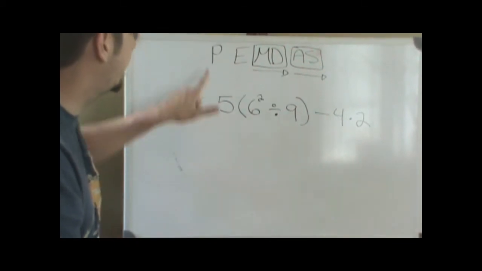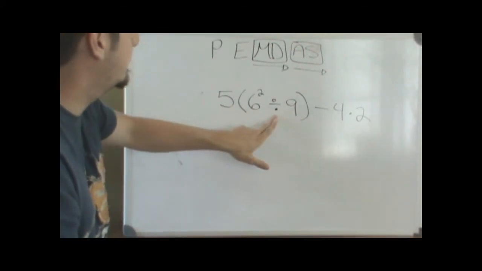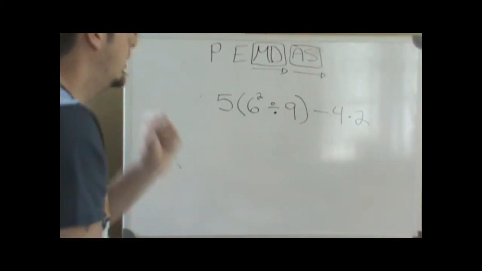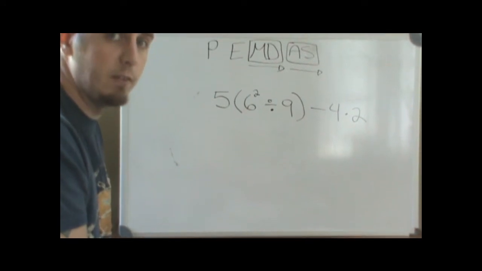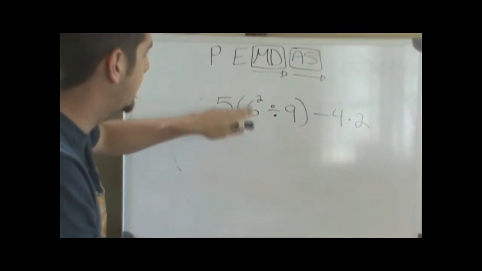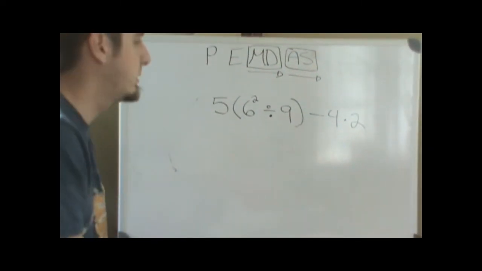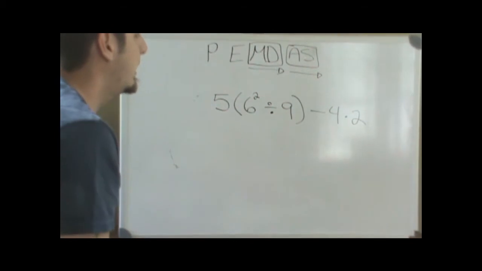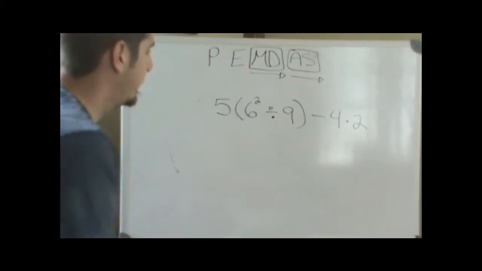So in this case, I have some multiplication over here, but I also have some over here as well. Keep in mind, though, the first step is parentheses. So that means I need to do all the math inside these parentheses that I can first. Inside the parentheses, you still have to follow the order of operations. So we're going to do the exponents, because that's the next step in the order of operations, and the exponent is inside my parentheses. So the first thing in here I'm going to do is 6 to the second power, or 6 squared.